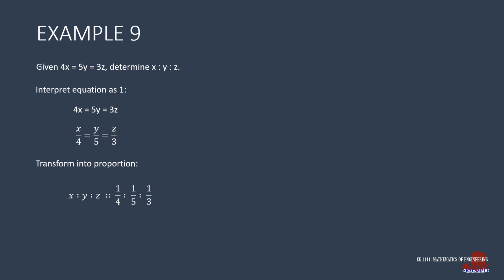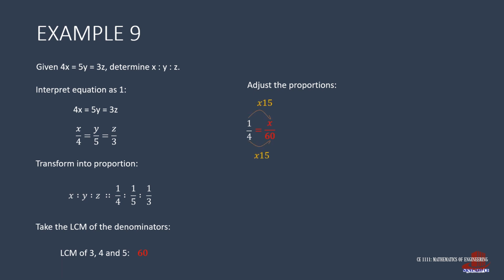To find the proportion, we should have a common denominator. So look for the LCM for 3, 4, and 5, which is 60. Next is to adjust the proportions. For x, we have 1/4 equal to x over 60, where 4 is multiplied by 15. Next is 1/5 for y, converted into y over 60.